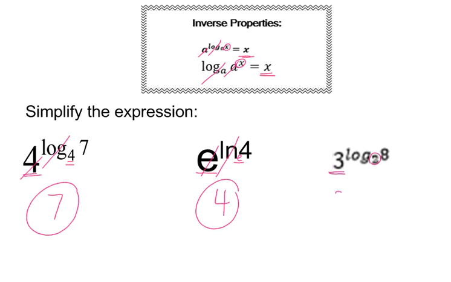In other words, we're saying 3 to the log base 2 of 8 power. Well, what is log base 2 of 8? In other words, 2 to what power will give you 8? 3. So it's really just asking you for 3 cubed, which is 27. So just be careful, make sure we're reading carefully. We have to have like bases. Just wanted to throw that in to make sure that we're being careful.